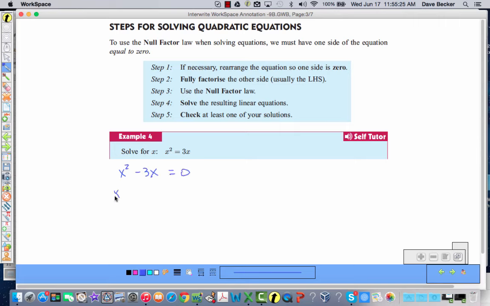Then I'm going to factor like a crazy man, and then either one of these factors, these two things are factors because they're being multiplied together to form another number. So here x equals 0, or x minus 3 equals 0. So x equals 0, or x equals 3. There we go.